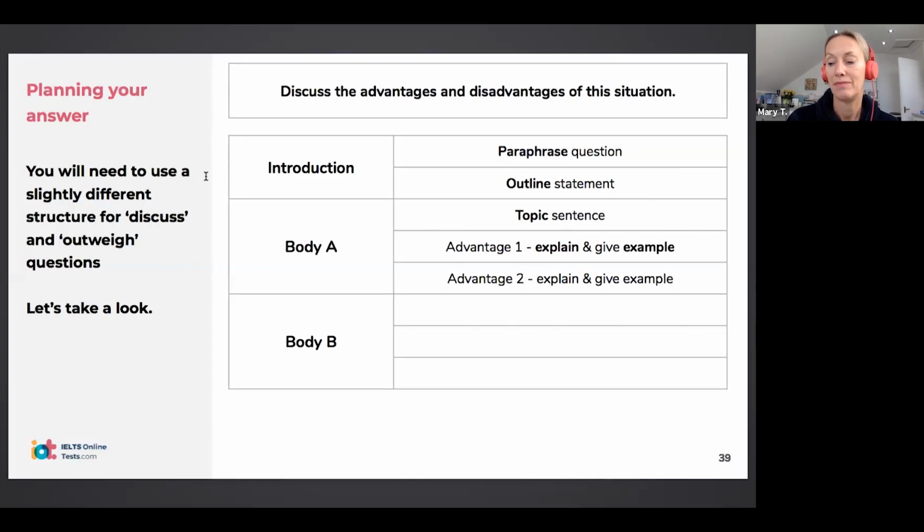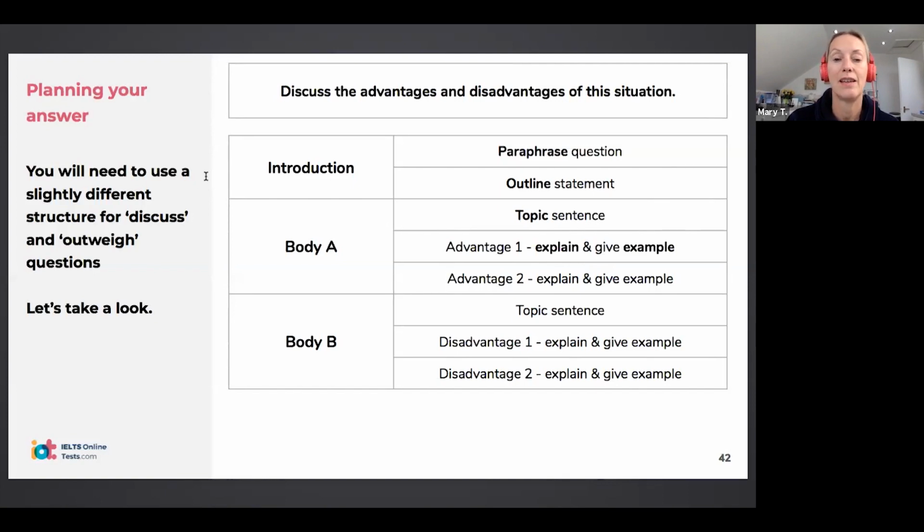Body B, what's the first thing? Topic sentence, yeah. It's always a topic sentence to start each paragraph. And then the first disadvantage, explain and give example. Second disadvantage, explain and give an example. So it's exactly the same structure, except the first part you're talking about advantages, the second you're talking about disadvantages.